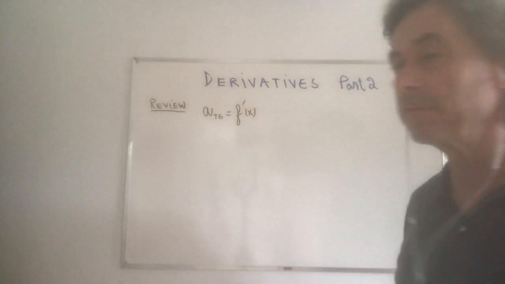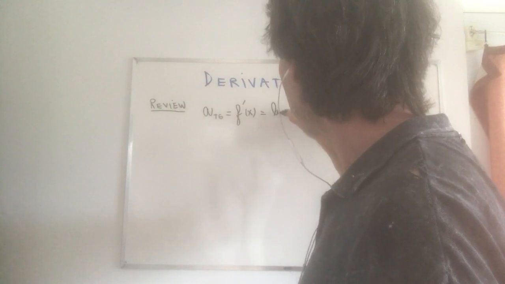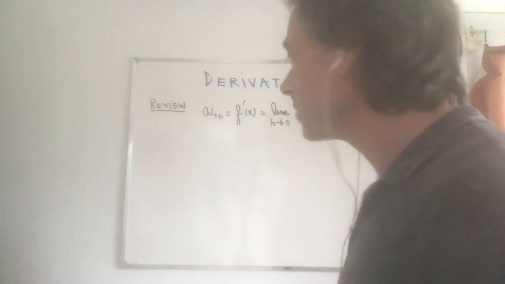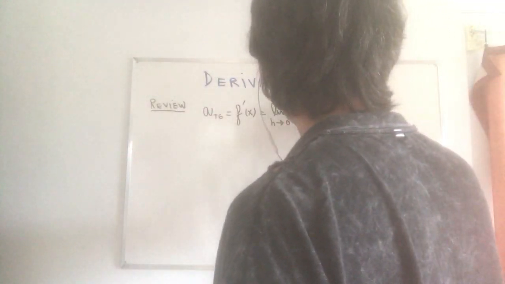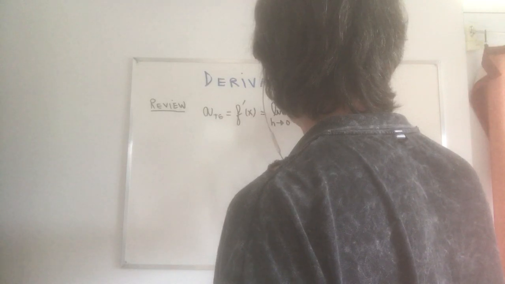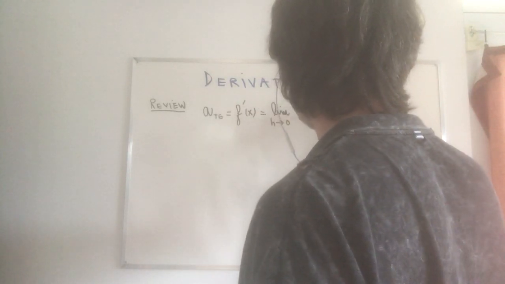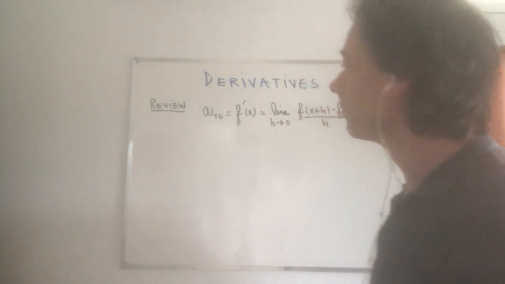The derivative, exactly. So the derivative, denoted as f prime, is an extension of the previous chapter, really, because it's a limit. It's the limit as h goes to 0 of f of x plus h minus f of x, all over h.